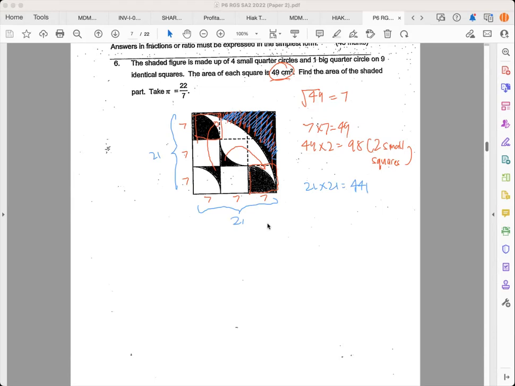So this is the area of the large square, minus away the big quadrant. The big quadrant will be 1/4 times pi times radius times radius. The radius will be 21. Pi is 22/7, so let's use 22/7, times 21 times 21. So this gives you 346.5. So this is the big quadrant.